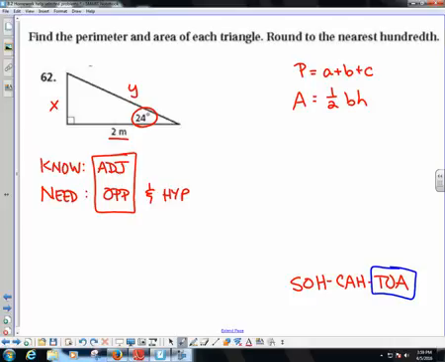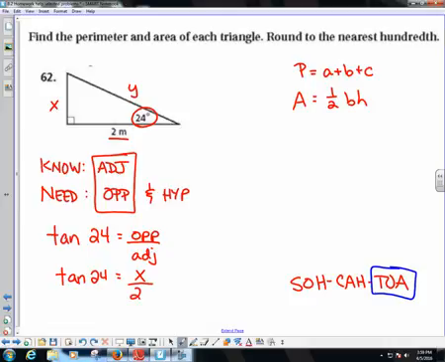All right, so I'm going to say the tangent of 24 degrees equals the opposite over the adjacent. So tangent of 24 degrees equals, what's opposite? Well, what's opposite is x. That's something that we need to know. And I know the length of the adjacent side, it's 2.